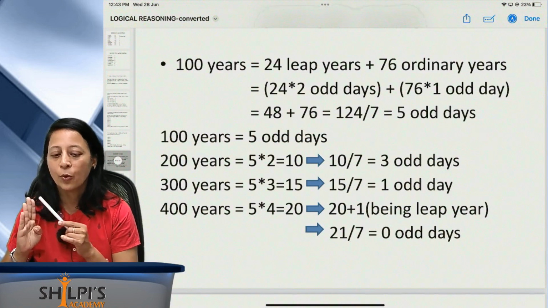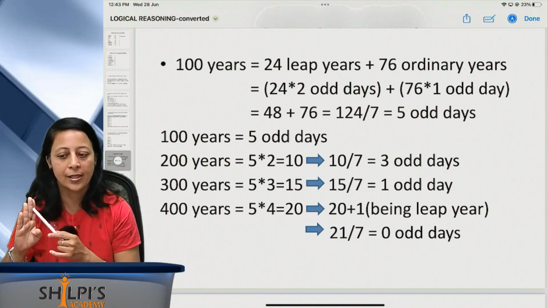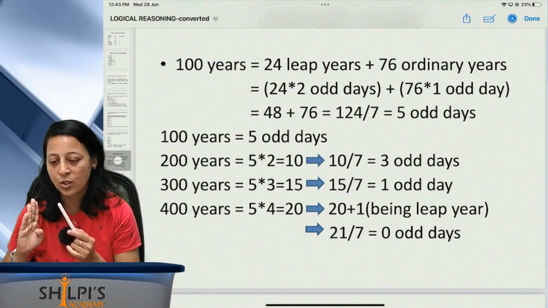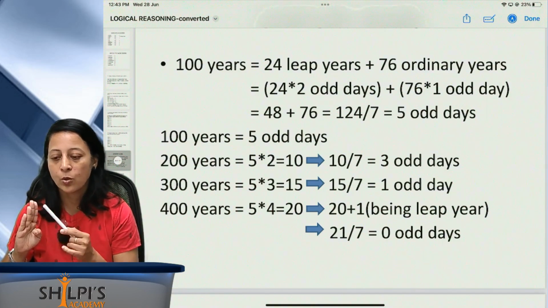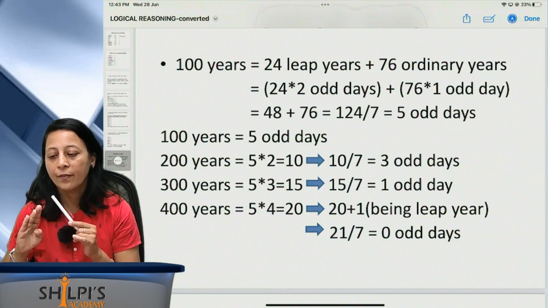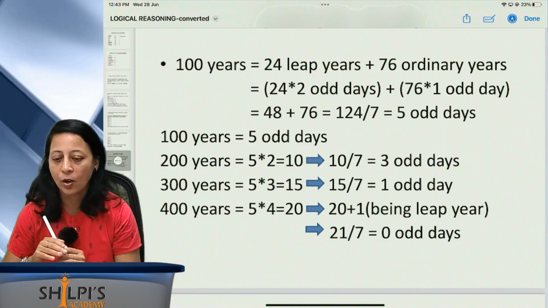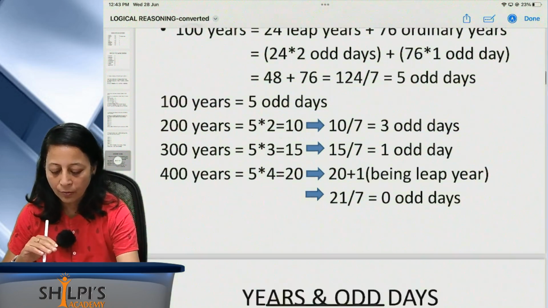So 400 years is pakka, you don't have any odd days. That is why when I started I told you that 2100, 2200 or 2300 cannot be considered leap years, because on the century years, once you divide by 400 you have some odd days left out. Okay, fine.